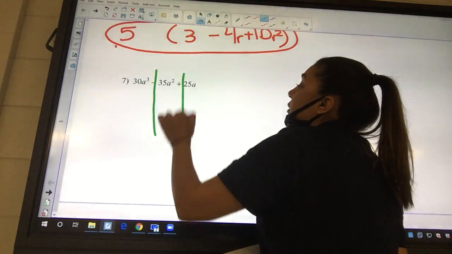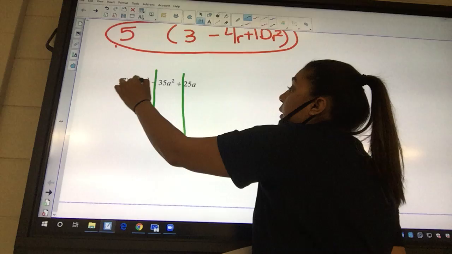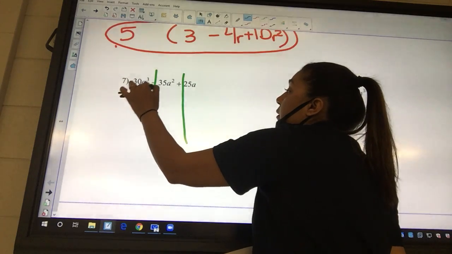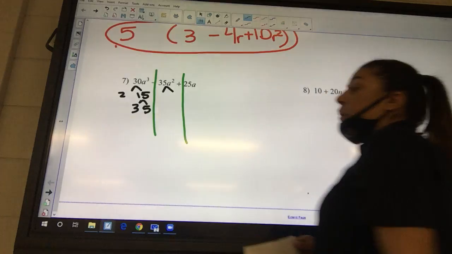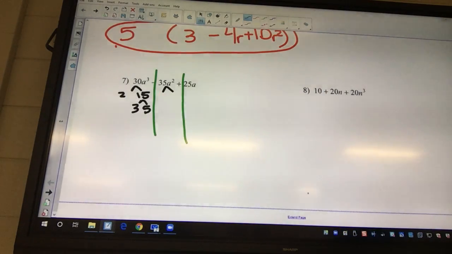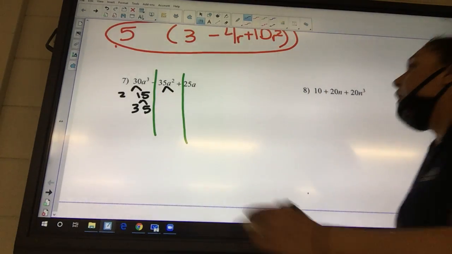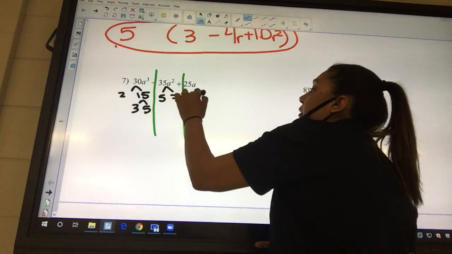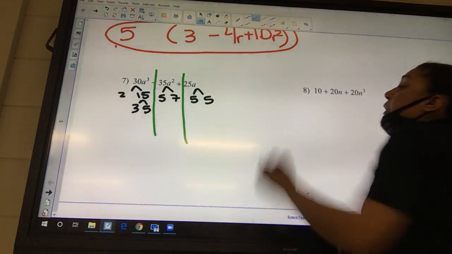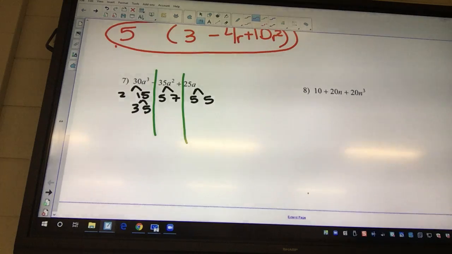Okay, what are some factors of 30? 2 and 15. 3 and 5. 35: 5 and 7. And 25: 5 and 5. Okay, so what can we pull? A 5.